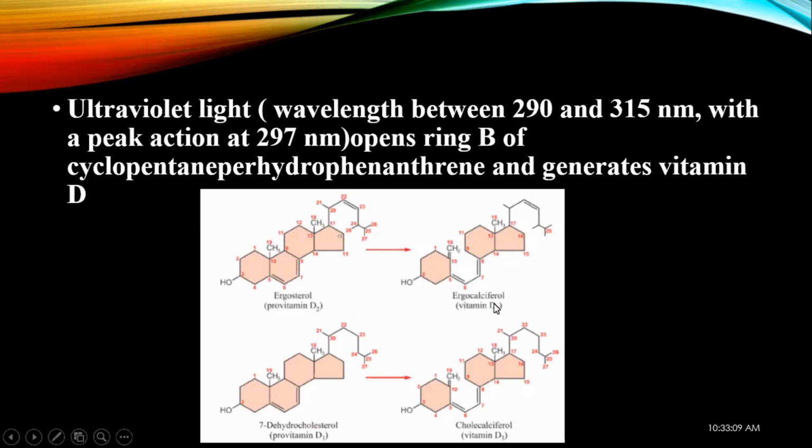Ergosterol is converted to vitamin D2, ergocalciferol, and 7-dehydrocholesterol is converted to cholecalciferol, that is, vitamin D3.